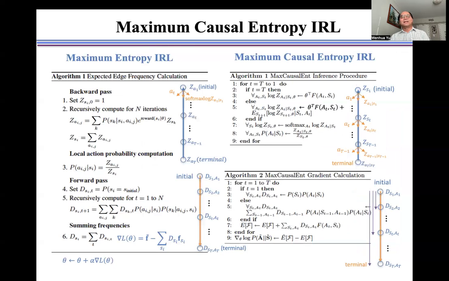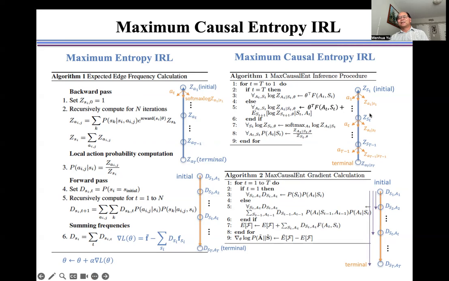Here we compare maximum entropy and maximum causal entropy. Because the entropy is over the whole trajectory, to find this policy we only need the policy at the initial state. Here it is different, because whenever the agent moves one step, we need to calculate the policy.